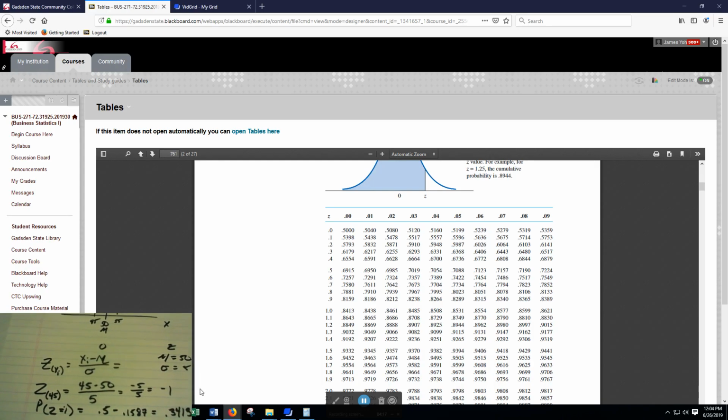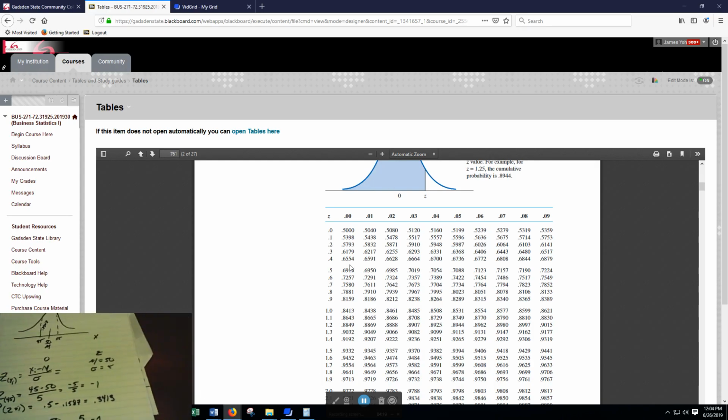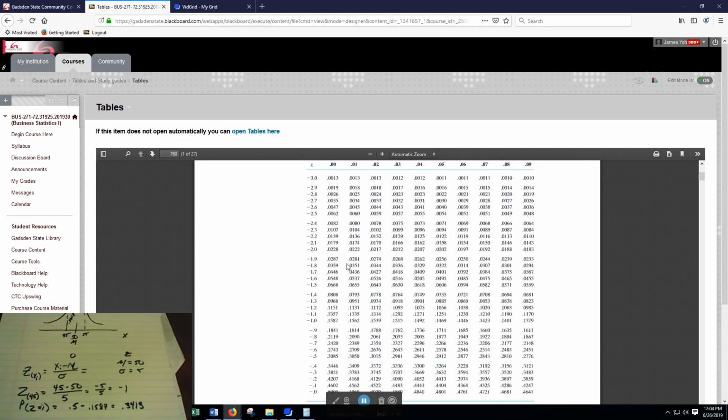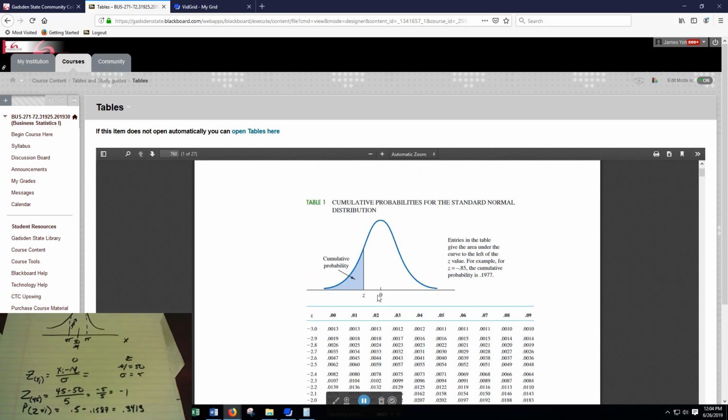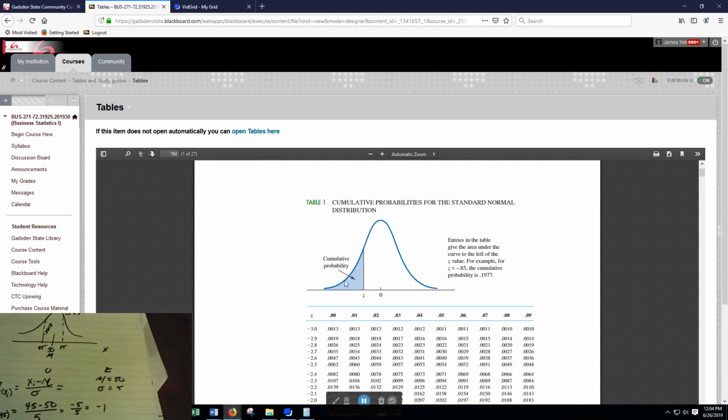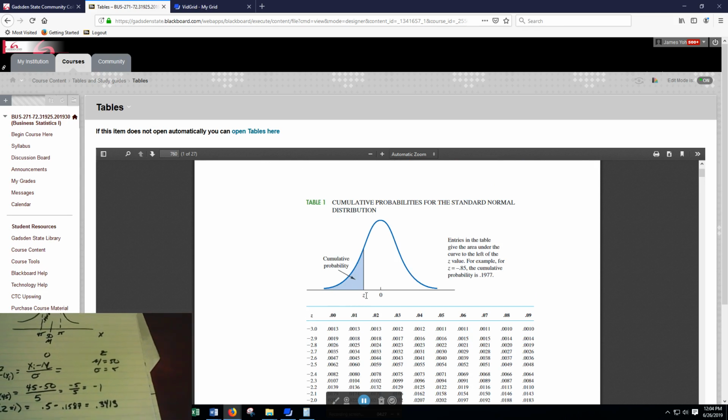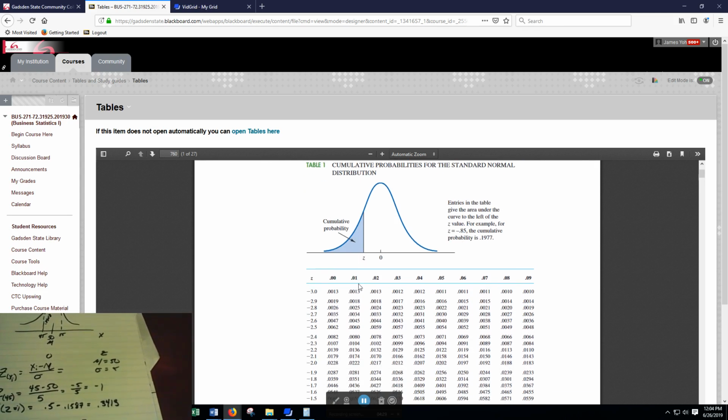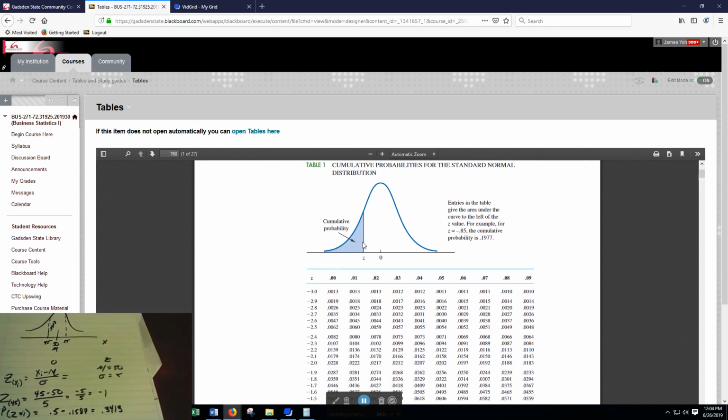So now we're going to go to our z tables, and we're going to find a z of negative 1. Now these are cumulative probability distributions. So this tells me the value of all of the probability to the left of that number.